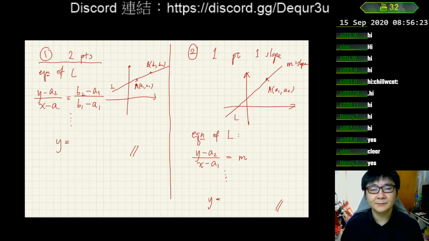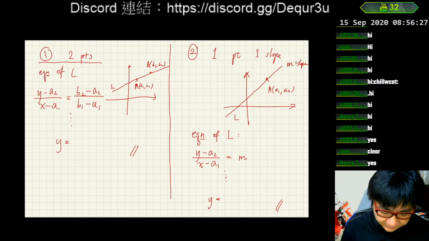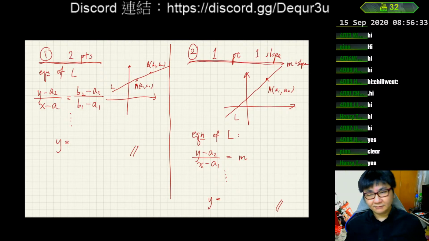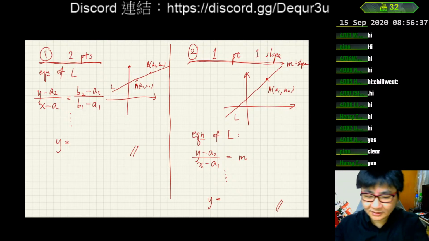Okay, so that was about yesterday, and the two conditions will be given 2 points, and given 1 point, 1 slope. And now today we will begin with seeing more about what we can get from the equation.